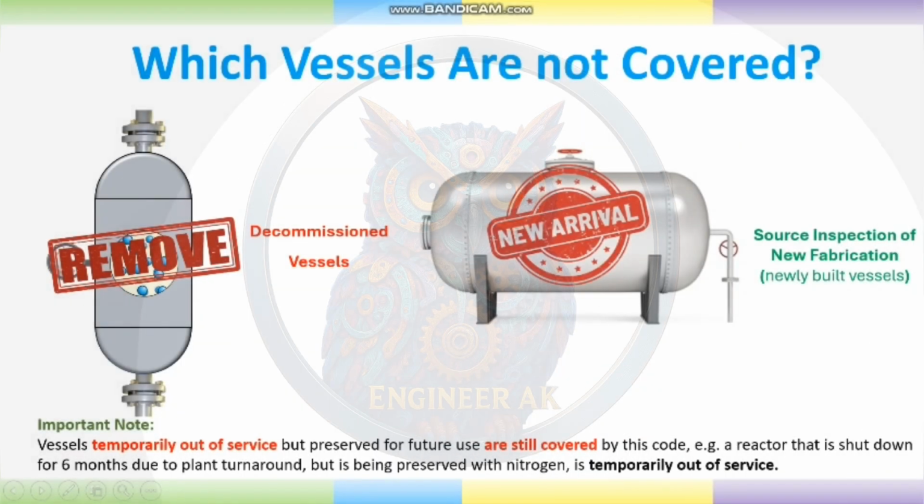What it means basically is, if there is a pressure vessel that is temporarily out of service for a maintenance job or some other reason, but will be used in future, API 510 applies to it. We cannot move it out from the code, so those vessels that are temporarily shut off or out of service are also covered by API 510.